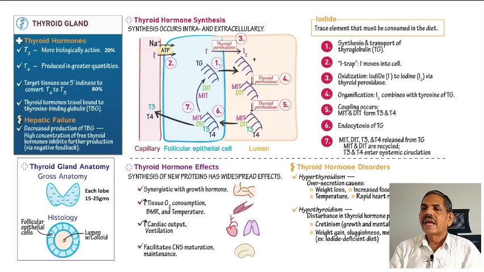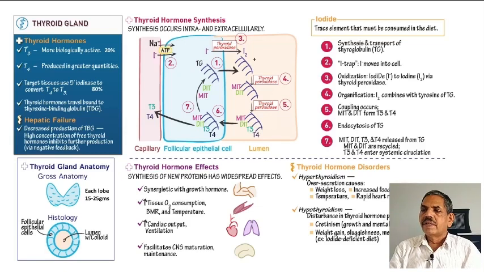Then inside the cell, the iodide radical will be oxidized to iodine, and this iodine will be moving into the colloid that is remaining outside the cell, and this iodine will combine with the thyroglobulin, and this is what is called organification of iodine.